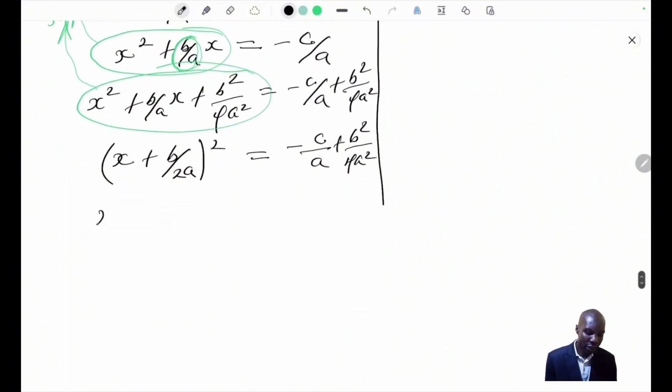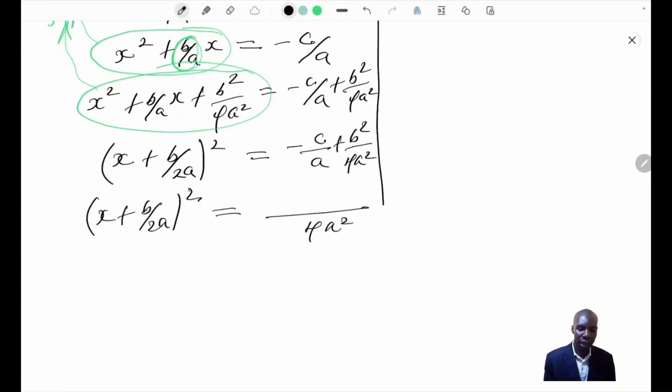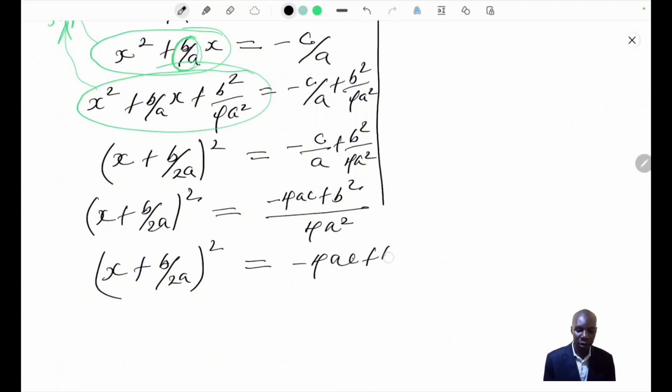So from there, we now have x plus b over 2a, squared, equal to, with the LCM being 4a squared: a goes into 4a squared 4a times, 4a times minus c gives minus 4ac, plus 4a squared goes into 4a squared 1 times, 1 times b squared gives b squared. So we have x plus b over 2a, squared, equal to minus 4ac plus b squared over 4a squared.